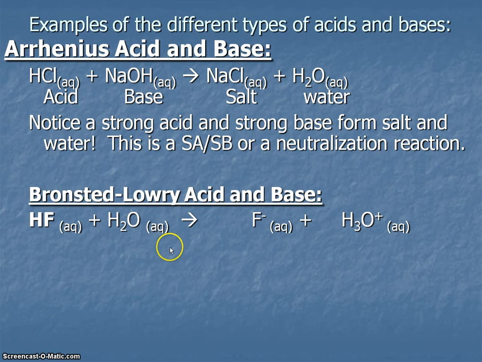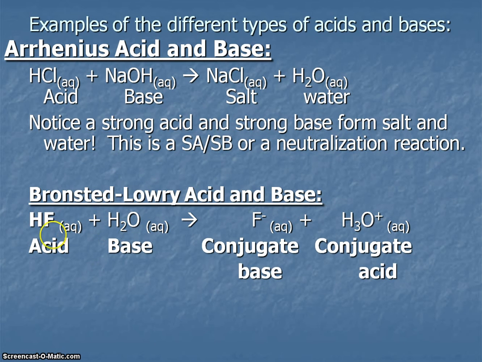We have also, if we start with an acid here and a base here, because we have to have an acid and a base, and water can act as either an acid or a base, because remember it's HOH, we label it like this. Over here, HF acts as an acid, but on the other side, it doesn't have a hydrogen to donate. So if I turned this equation around and went backwards, then the F minus would accept a hydrogen.